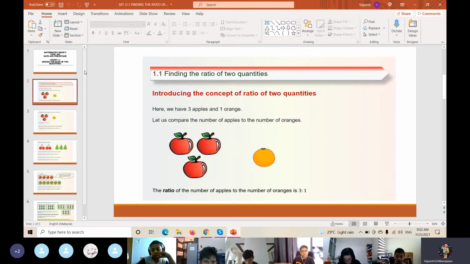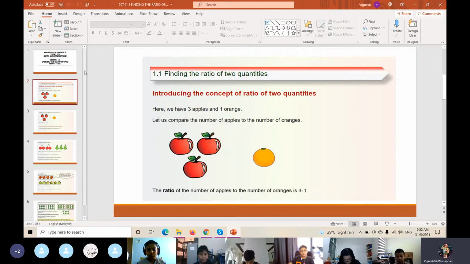Hello, all forgot already? How to write? 3 to 1. Very good. 3 ratio 1 is the ratio form. The word form is 3 to 1. In fraction form there are 3 ways you can write.